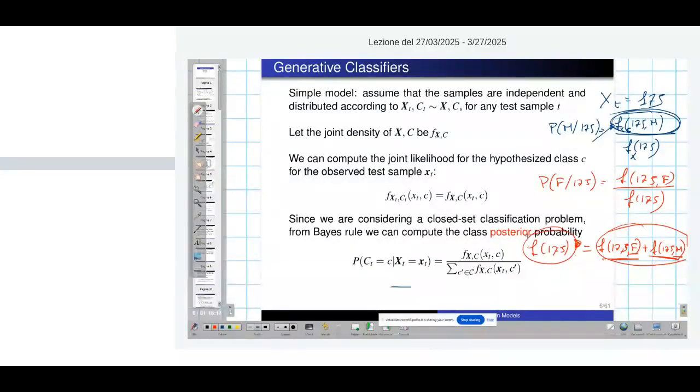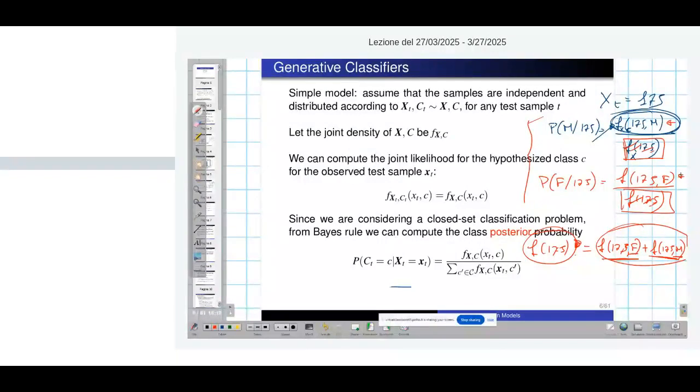In any case, I want you to observe that since this quantity is the same in both cases, even if I don't compute it, I can already answer which one is higher between these two. Because since the denominator of those two fractions is the same, it's the numerator that decides everything. So the joint already tells me which is the class label that I should assign. But I can compute the marginal.